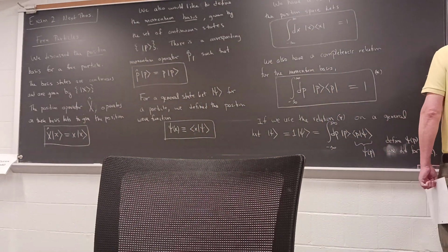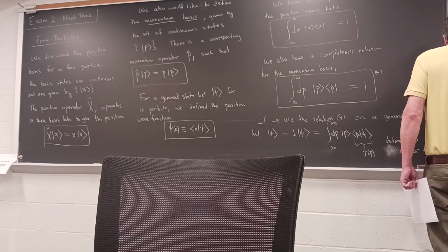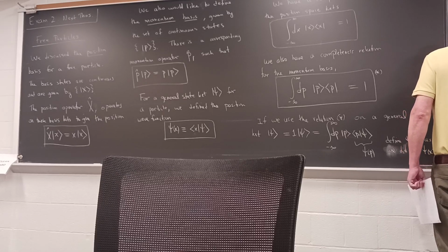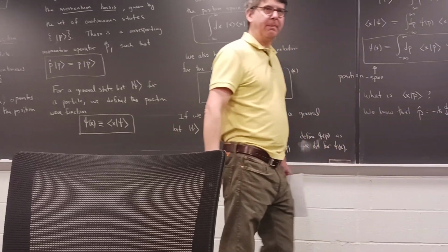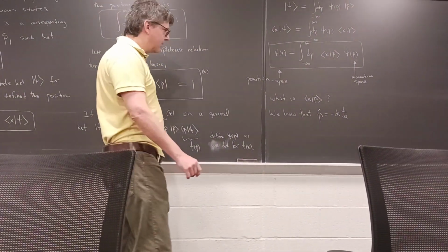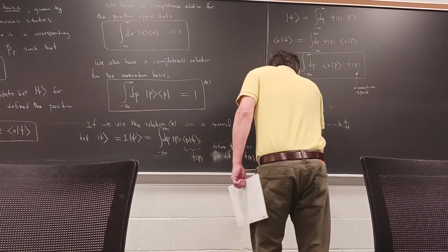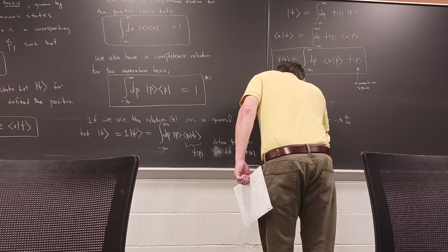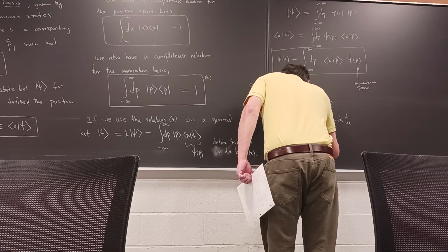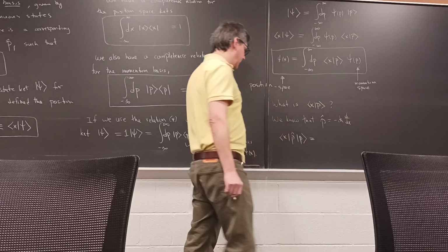Okay, so we already know that one representation for p hat is minus i h bar times d by dx. So let's calculate <x|P hat|p>. What's this equal to?